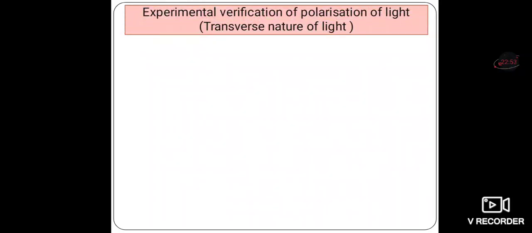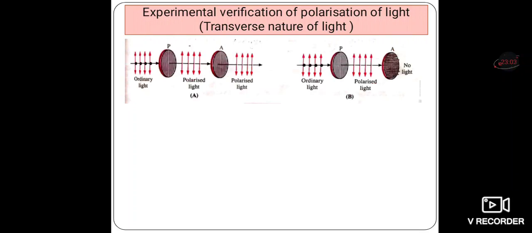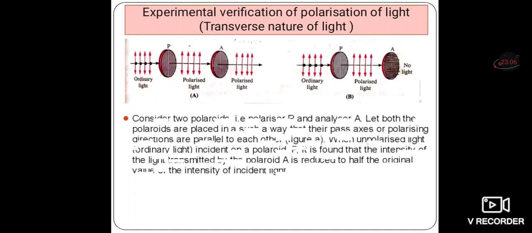Next, we look at the experimental verification of the polarization of light, that is, the transverse nature of light. For that we consider the diagram here. We have two polaroids, one is the polarizer P and the other is the analyzer A. Let both be placed in such a way that their axes, or polarizing directions, are parallel to each other, as in figure A. So polarizer and analyzer both have parallel directions.